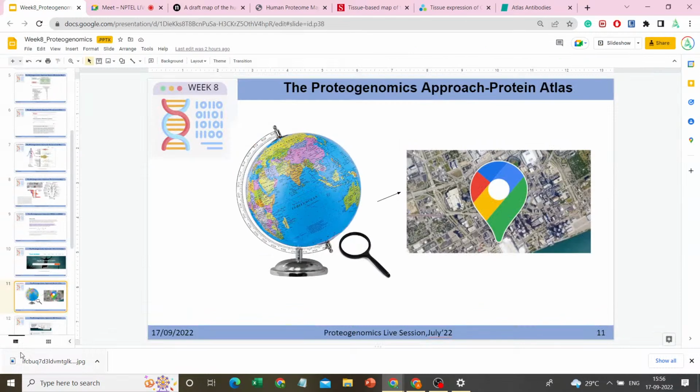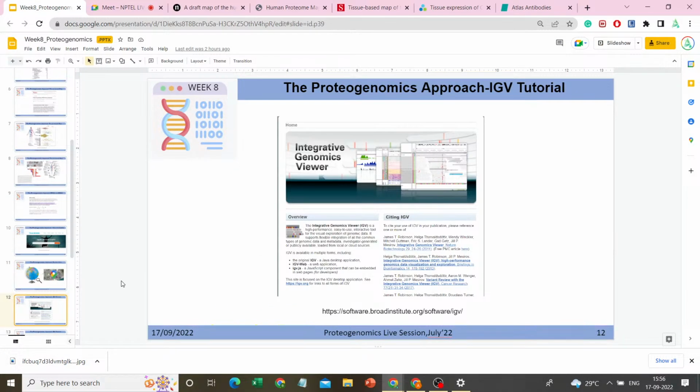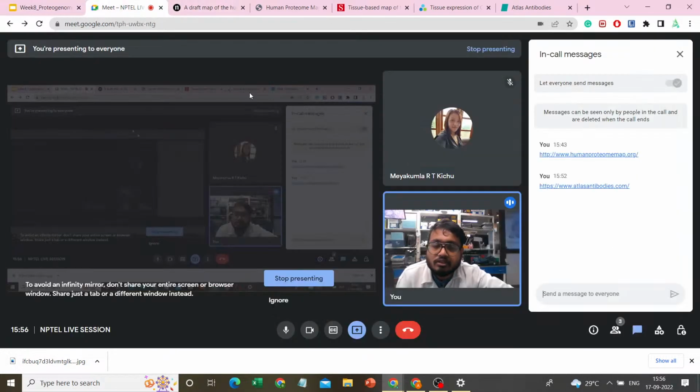So now the next thing is that every week we have given a tool, and this week IGV, or Integrative Genomics Viewer, was thoroughly discussed in the videos, where you need to understand the different approaches used. So I thought of just going through its user guide.